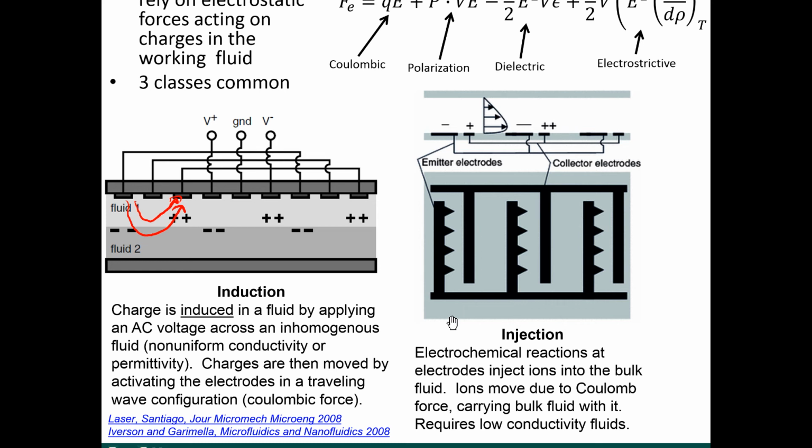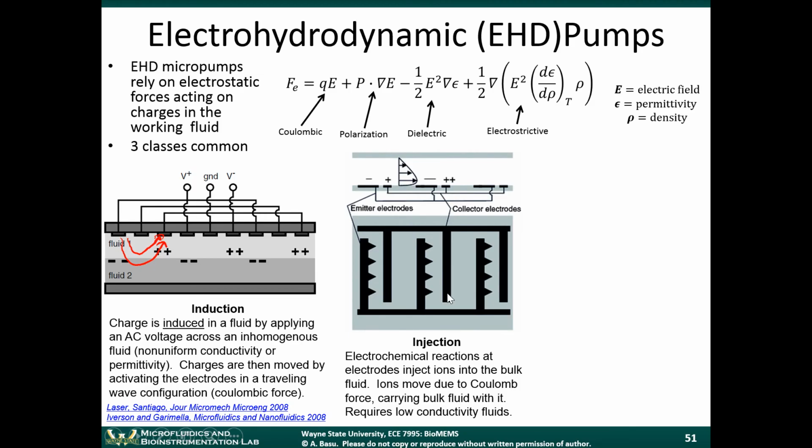This type of pump obviously requires two fluids of different dielectric permittivity. Not necessarily useful in biological assays, but it can be if you're just trying to pump some kind of heat exchanger liquid through a channel, for example. Maybe you don't care so much about what the dielectric properties are. You just need to pump some fluid through a channel to remove heat.